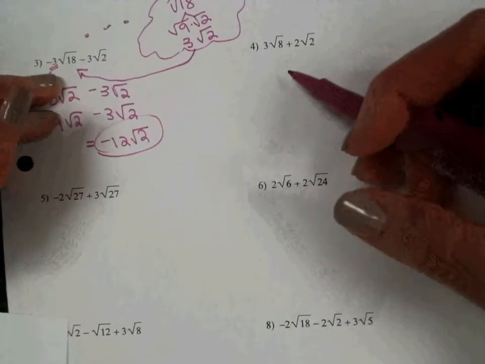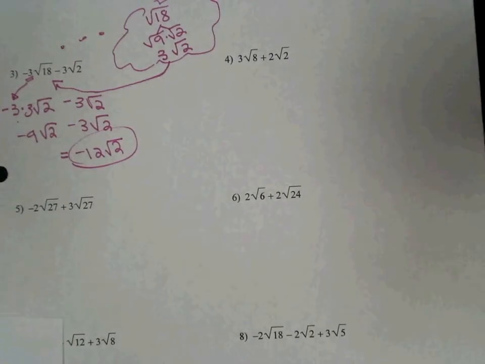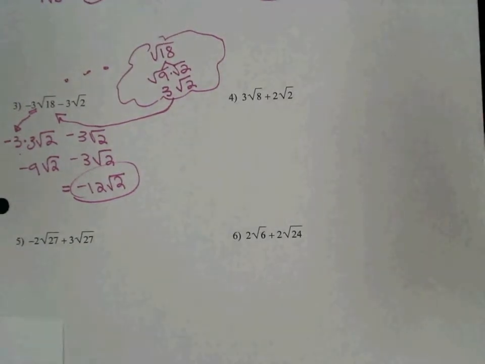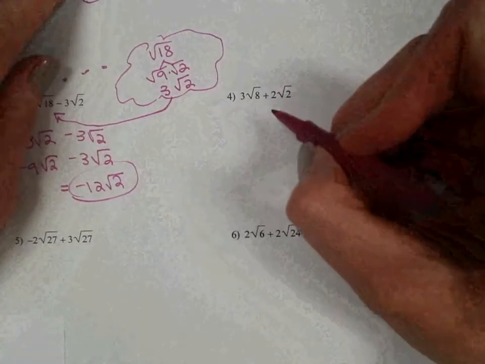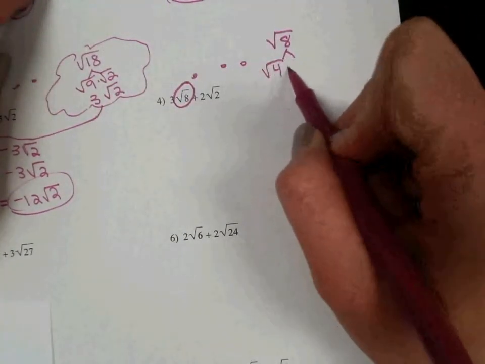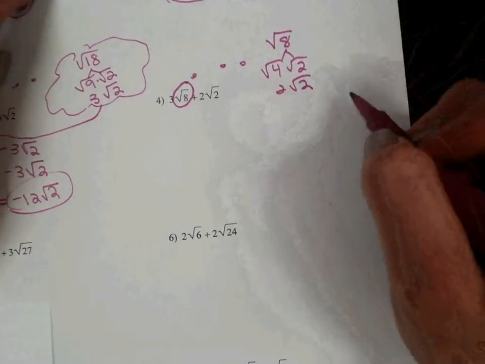Try number 4 on your own. So hopefully you had a thought about radical 8 and broke that into radical 4 times radical 2, which then simplifies to 2 radical 2.